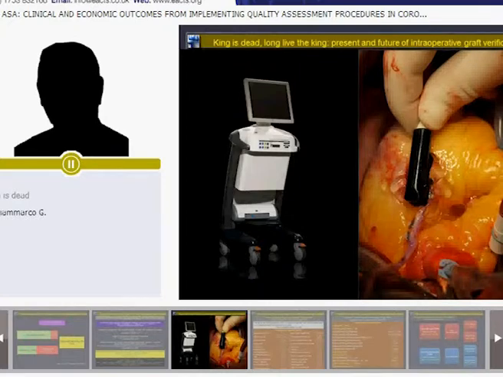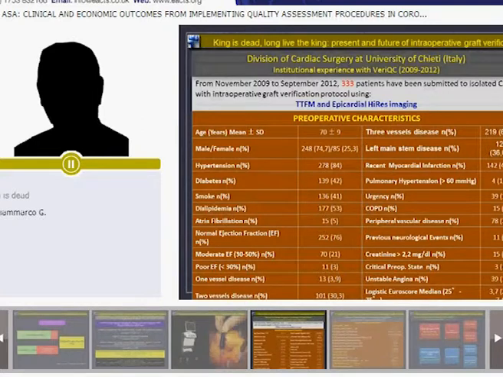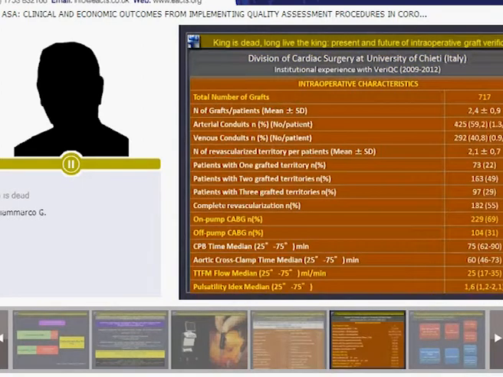We started to use VeriQC in late 2009, and altogether we report the analysis onto a group of more than 300 patients, 333. You can look in the slide the preoperative characteristics of the patients, but more interesting is the number of grafts checked with this method, and we checked more than 700 grafts.